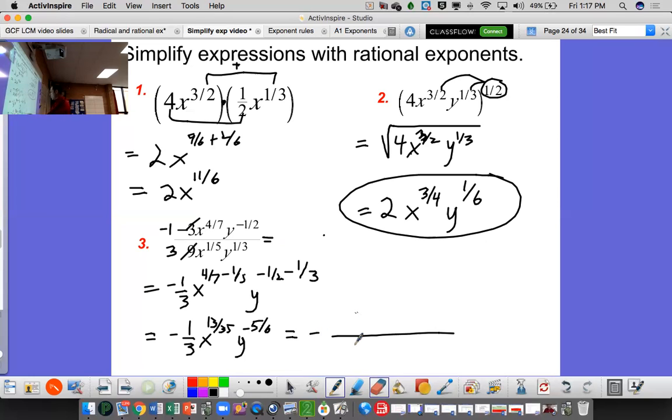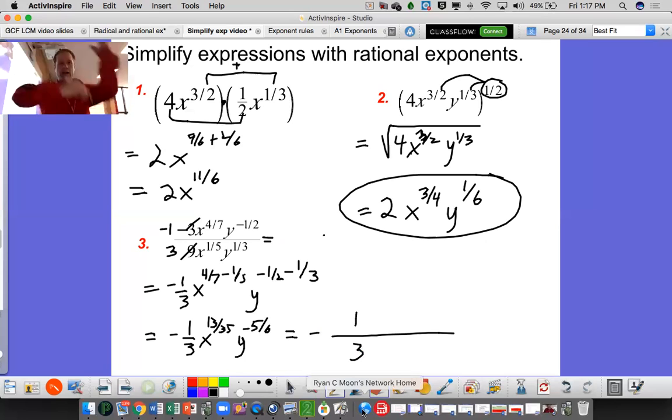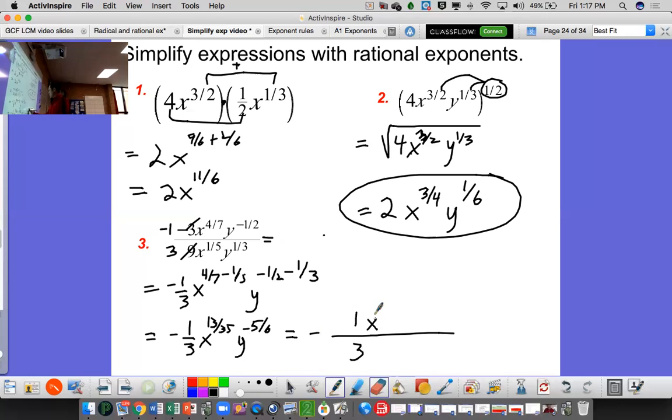I got my 1/3. Anything with a positive exponent is going to live in the numerator. Anything with a negative exponent is going to live in the denominator, and it becomes a positive. So x to the 13/35 goes up top. Y to the 5/6 goes downstairs. Okay, there it is. That's your final answer.